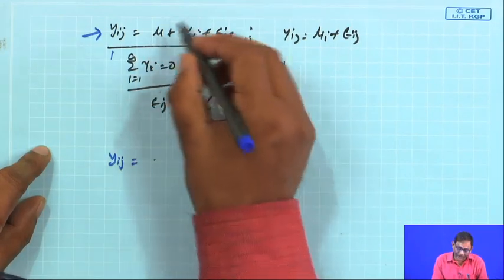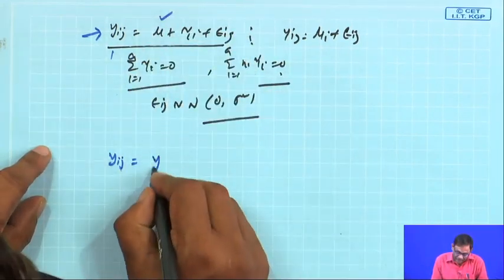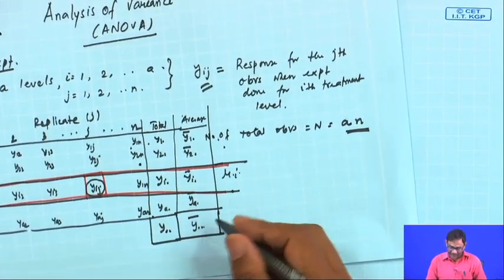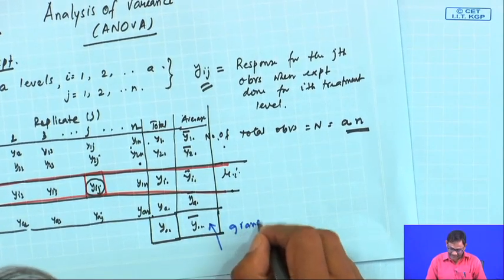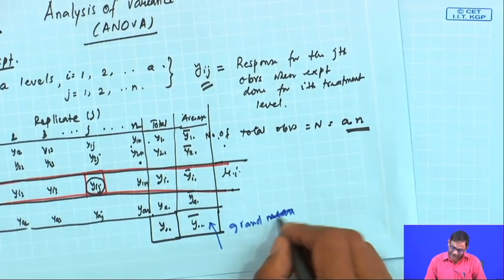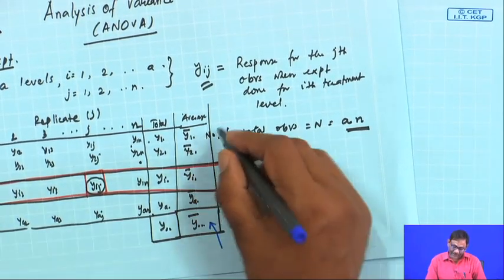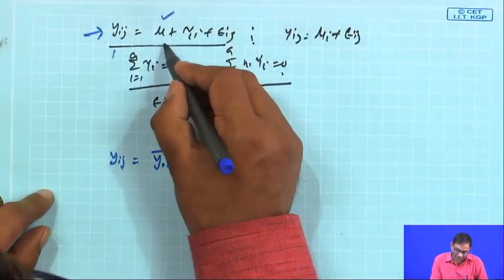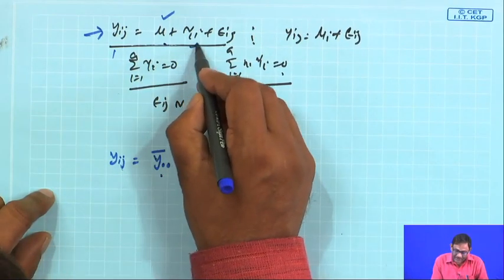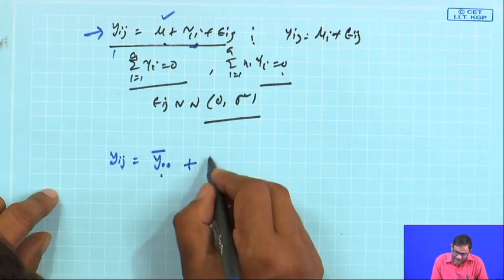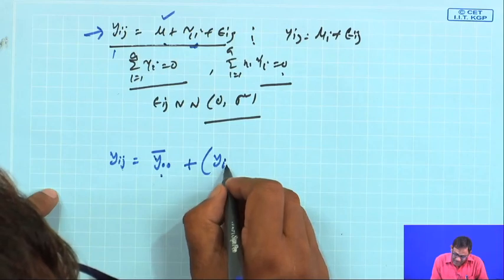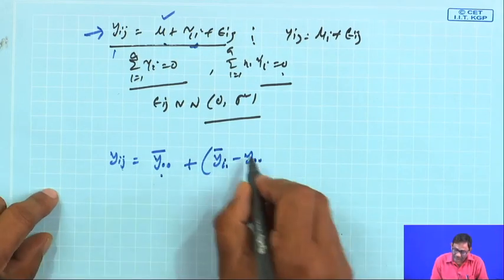Then what you require is the mean value, that will be y dot dot bar. This is my grand mean, and these are individual means or averages. So, instead of mean you can write grand average also and individual level average. So, this one will be estimated by this, and this tau i will basically be y i dot bar minus y dot dot bar.